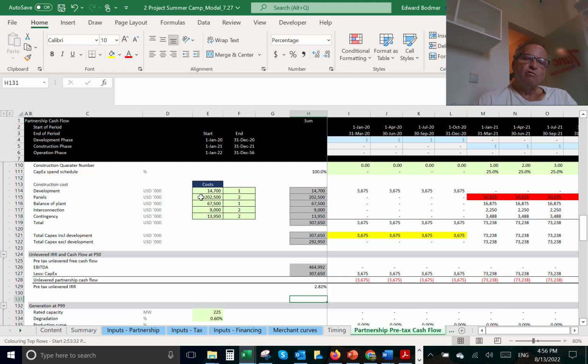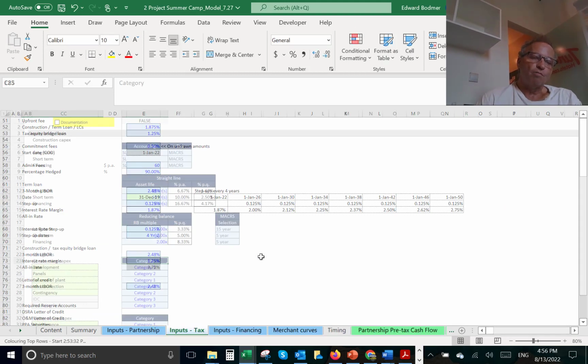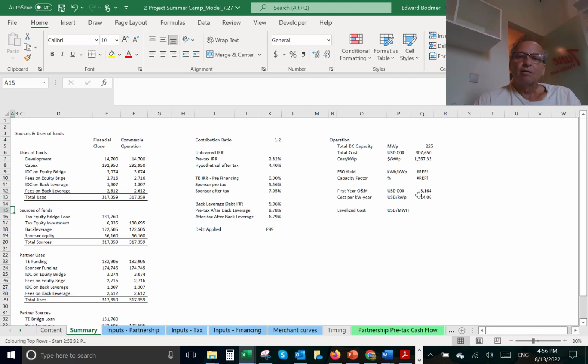By the way, when you do these kind of O&M in the summary page, I hope you show the numbers. The first year O&M, the O&M per KW was about 14, including insurance and property tax and everything else.